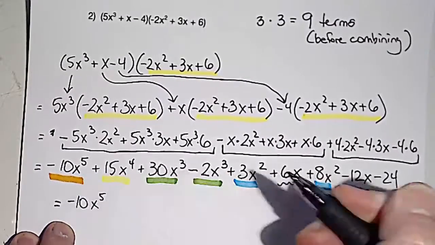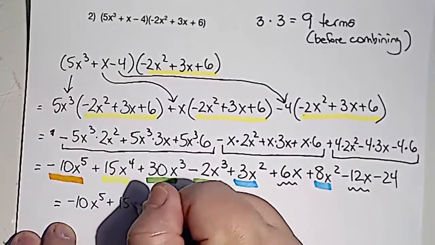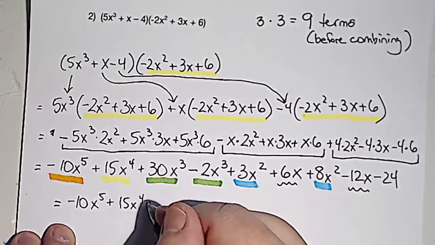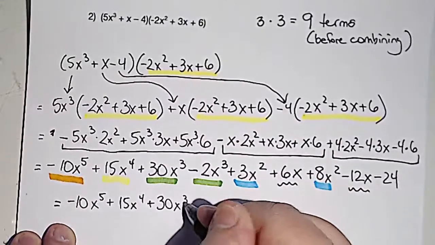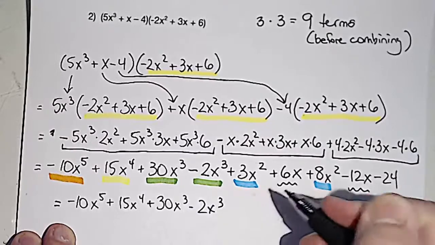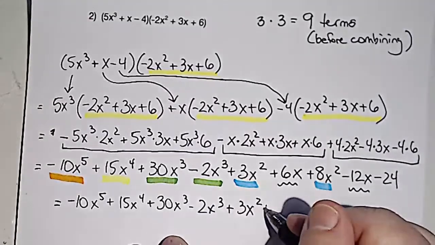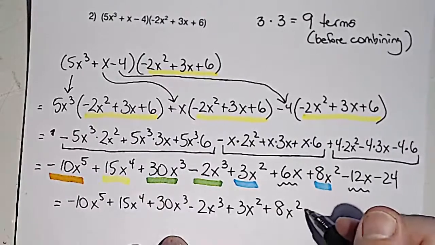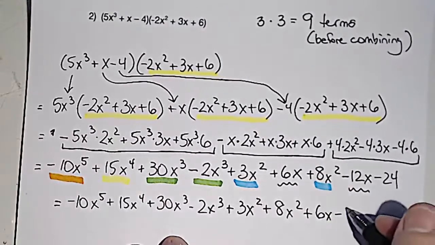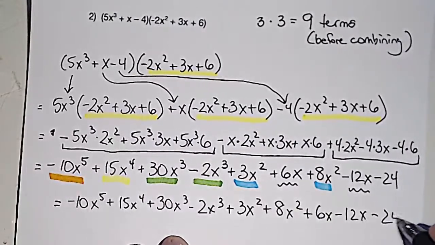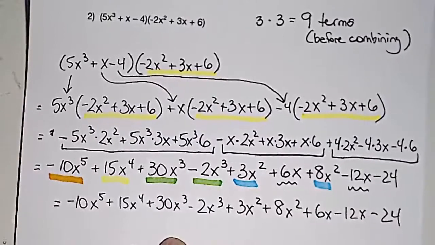-10x to the 5th plus 15x to the 4th plus 30x cubed minus 2x cubed plus 3x squared plus 8x squared plus 6x minus 12x minus 24. Whew.